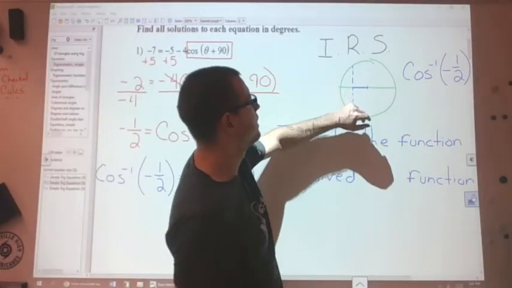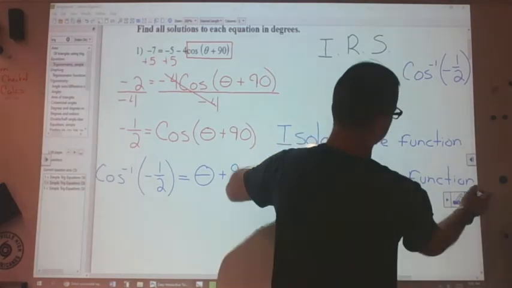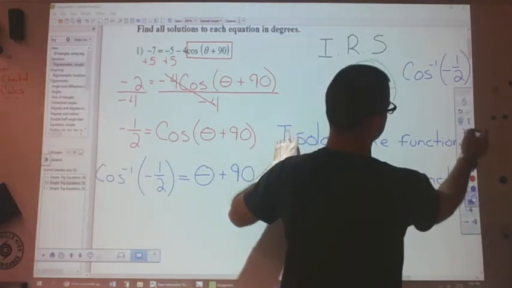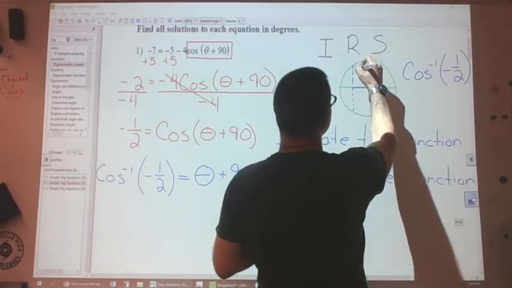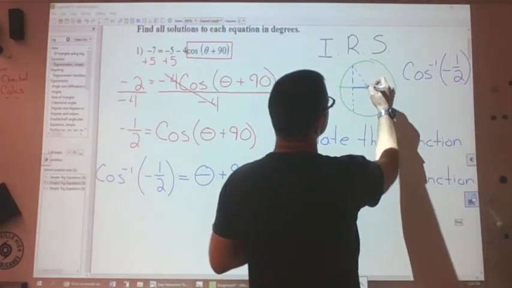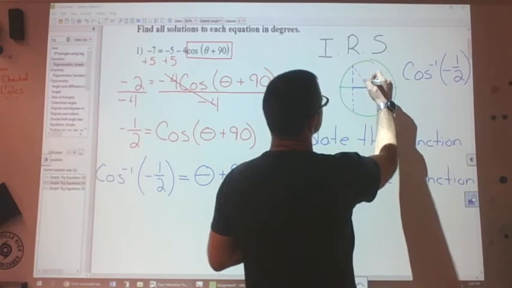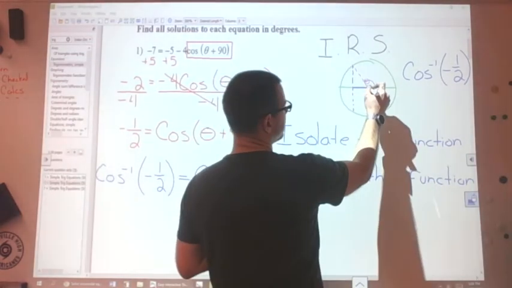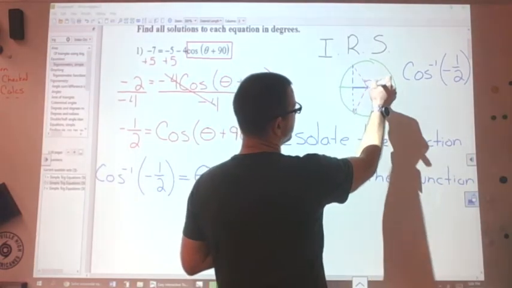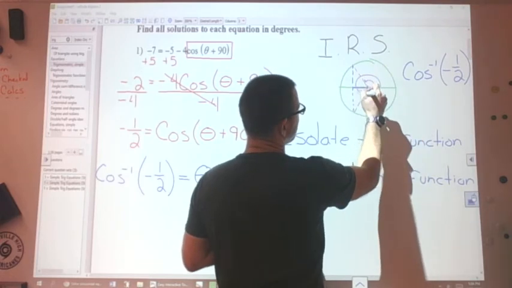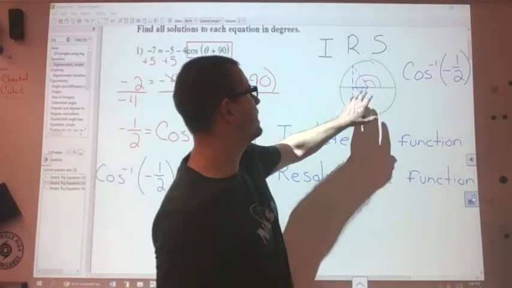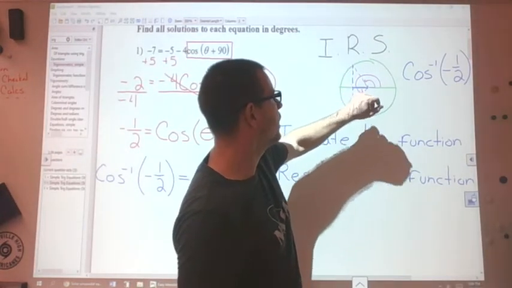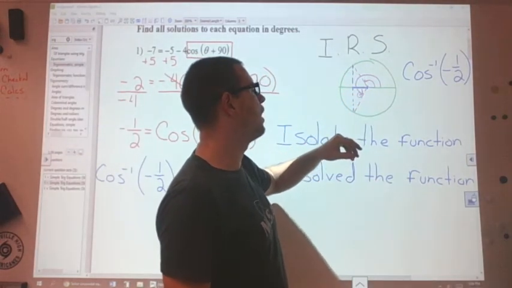Now, my angles, oops, we don't want that one, are the angles that would connect there. So there's one solution. There's my other solution. And I can see that my solutions for this equation are going to be in the second quadrant and the third quadrant.